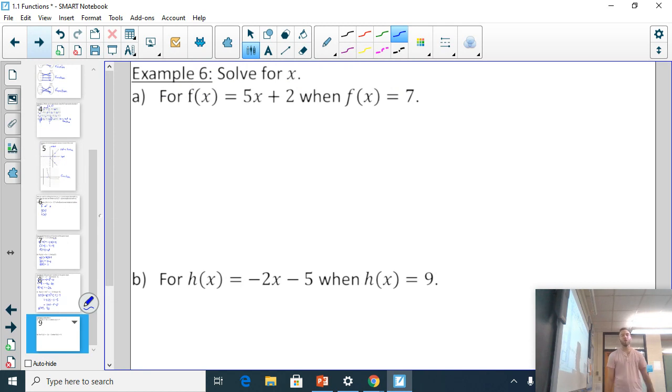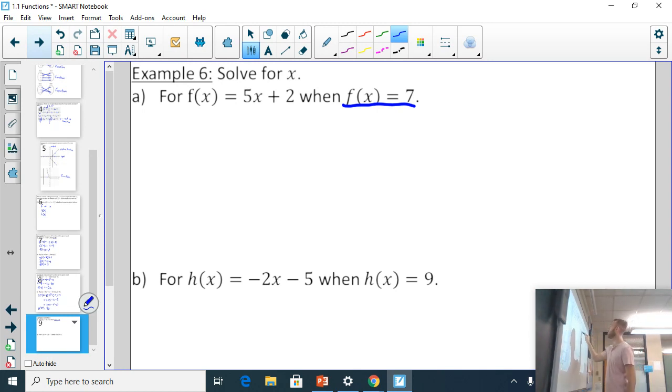And so now, same kind of idea, except this sometimes trips people up. So I'm saying solve for x. So if we have f of x equals 5x plus 2, and it gives me f of x equals 7. A lot of times people will mess up and they will put 7 in for x and solve from there. But that's not what it's asking.